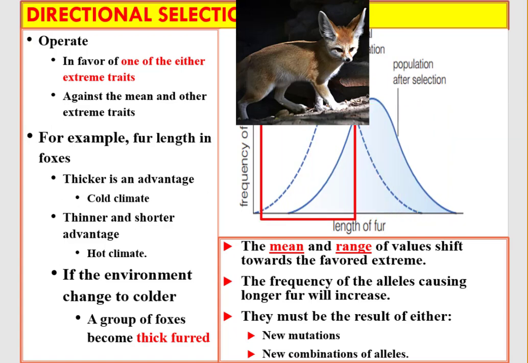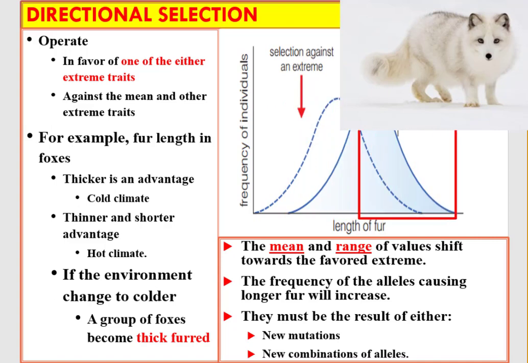Over time, selection operates against the disadvantaged extreme, that is, medium and short furs, and in favor of the other extreme traits, long and thick fur, which means the mean and range of values, or the medium length and above fur length and thickness, shifts towards the favored extreme or long fur. So the frequency of the alleles causing longer fur will increase within the population.